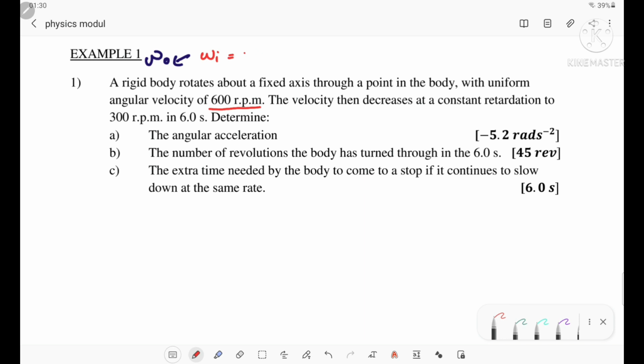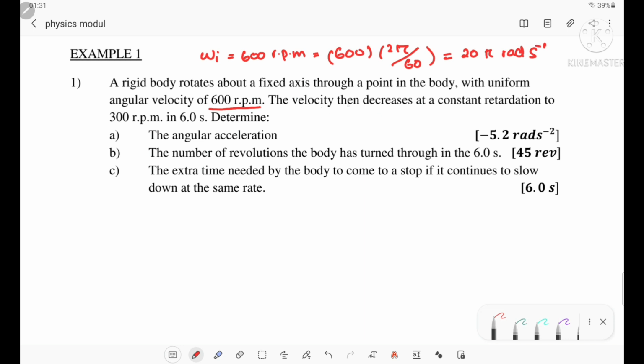So we have 600 revolutions per minute, and to convert to radian per second you need to multiply by 2 pi over 60, because 1 revolution is equal to 2 pi, and minutes convert to seconds by dividing by 60, and we have 20 pi radian per second for the initial velocity.